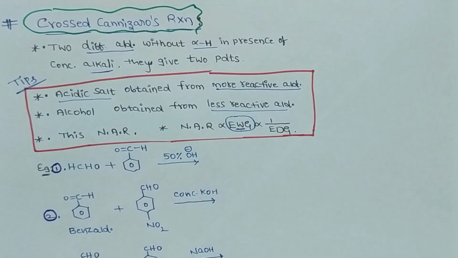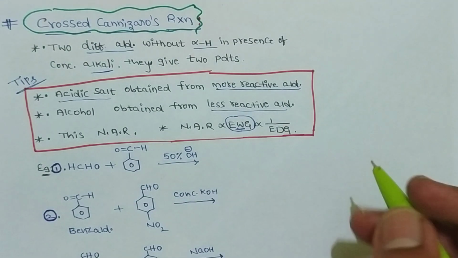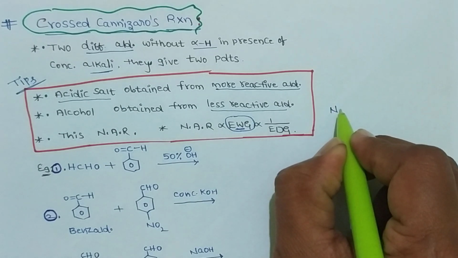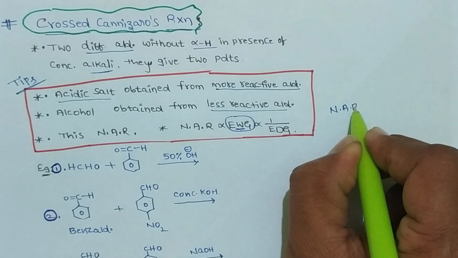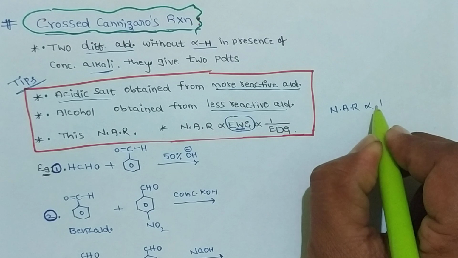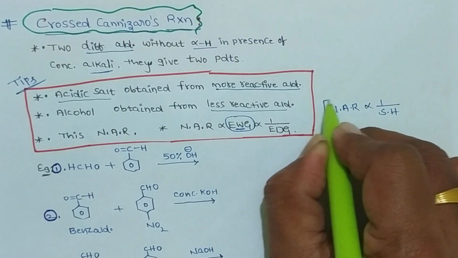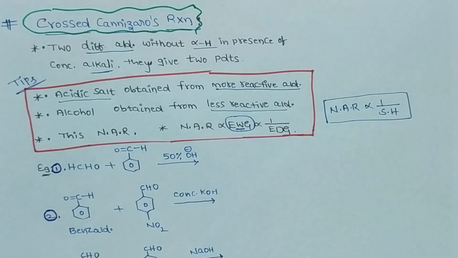Also, we already know that nucleophilic reactions are inversely proportional to steric hindrance. Where the steric hindrance is less, attack of the nucleophile is easy. So nucleophilic addition reactions are more favorable for compounds with less steric hindrance.